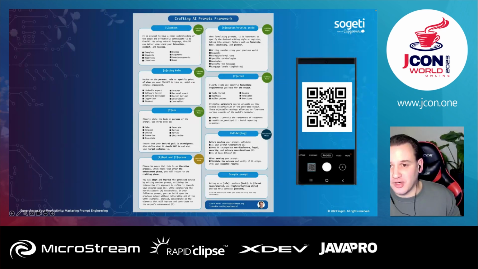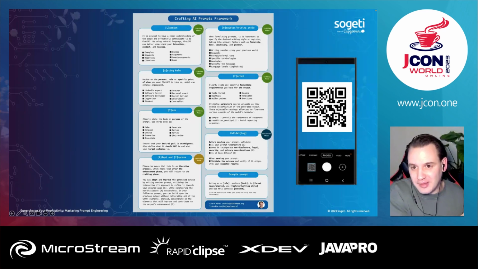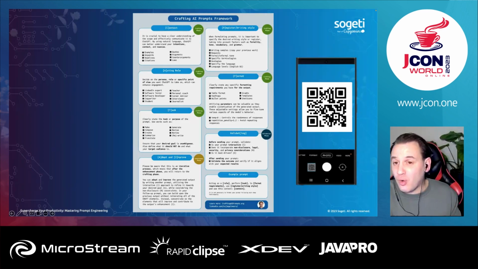So make sure you take a screenshot of this, or get your phone out to go through the cheat sheet that you can download and help you craft your very first prompt. Maybe for that LinkedIn post, just to have some fun today, or your Twitter post, but maybe also to start with coding, generating user stories, or anything else.